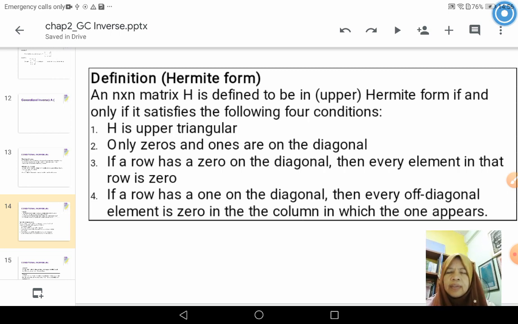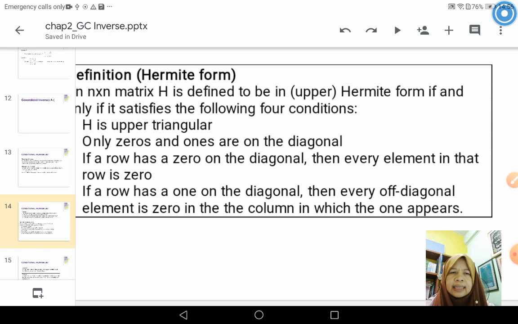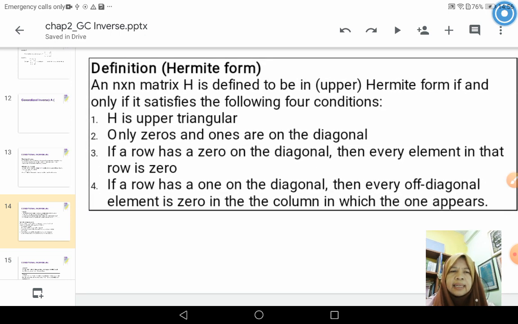If a row has a zero on the diagonal, then every element in that row is 0. If a row has a 1 on the diagonal, then every off-diagonal element is 0 in the column in which the 1 appears.